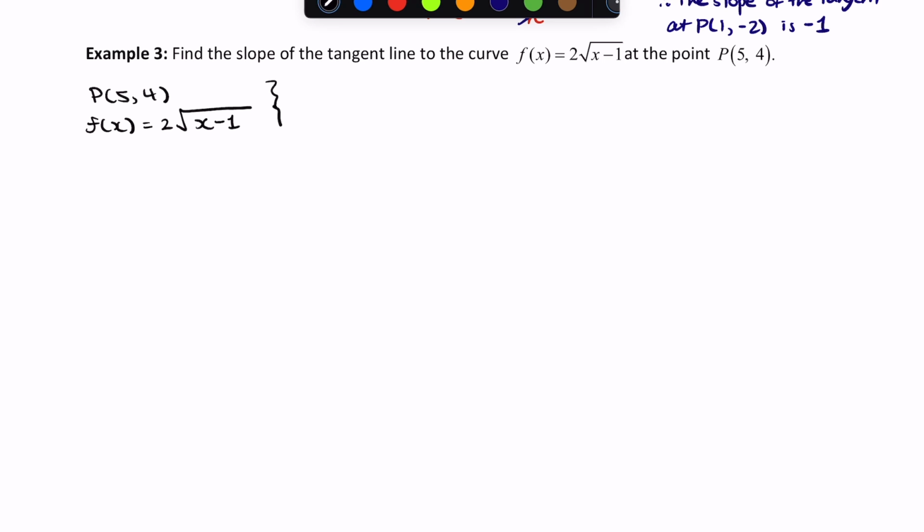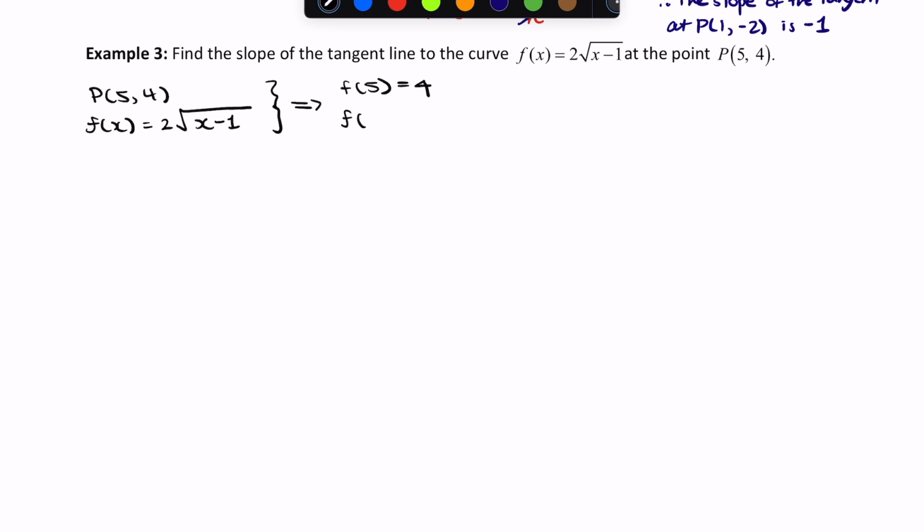So we're going to find two things to start. Find the function at x = 5. And so if we sub that in, we have 2√(5 − 1), or 2√4, which simplifies. So 2 times 2 simplifies to 4. So f(5) is equal to 4.